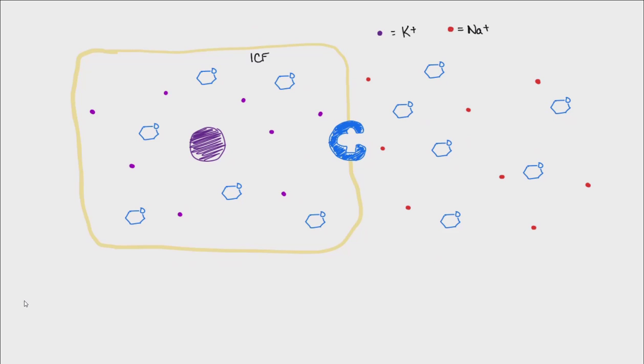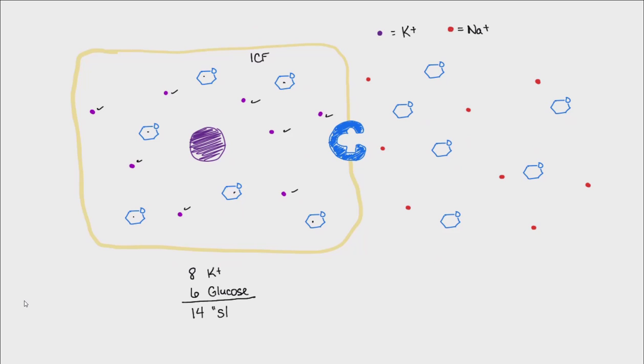Inside of the cell, I have 1, 2, 3, 4, 5, 6, 7, 8 potassiums, and 1, 2, 3, 4, 5, 6 glucose molecules, for a total of 14 things.